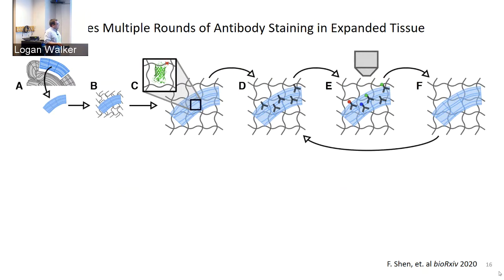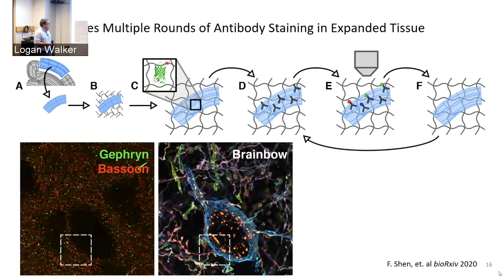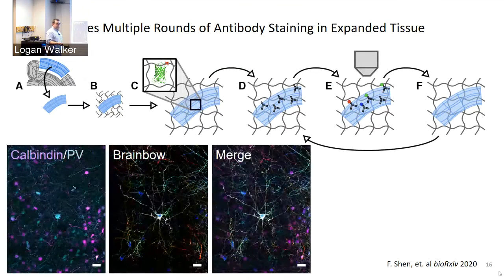So by combining these technologies with Brainbow, we're able to get not only high contrast in color space, but also high contrast in physical space, as well as using this technology called MIRIX that Fred Shin, again, another prep student in the lab, has developed. We can combine it with other types of antibodies, in this case, Geoffrin and Bassoon, to mark synapses, but you can use it for cell type marking as well.